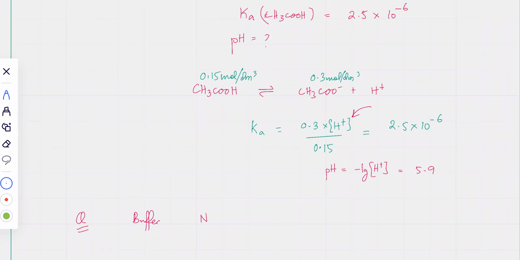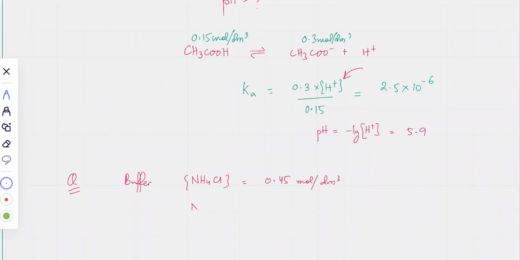That buffer is made up of two things. It's got NH4Cl. Its concentration is given as 0.45 mole per dm cube. And there's another thing which is NH3, and its concentration is given as, let's say, 0.3 mole per dm cube. And they've given us the Ka for NH4+.